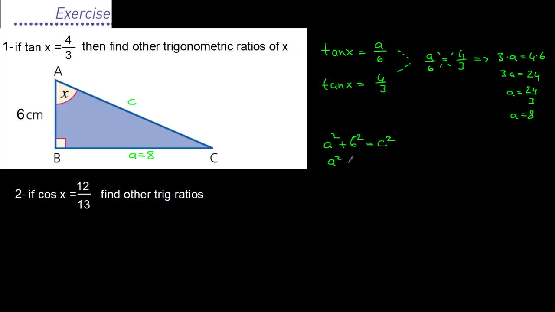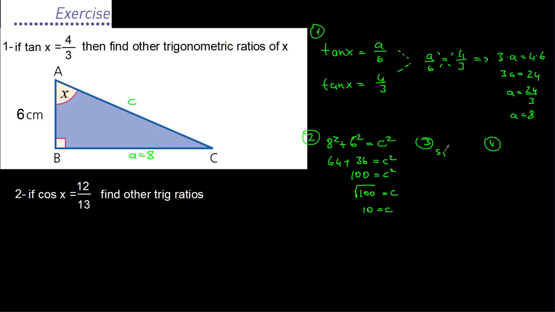So 8 squared is equal to 64 plus 36, which should be equal to c squared. 64 plus 36 is equal to 100, which is c squared. Root of 100 should be equal to c, so 10 is equal to c. Of course, we always use the positive results here, because c is a distance.